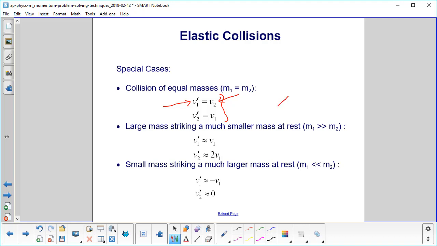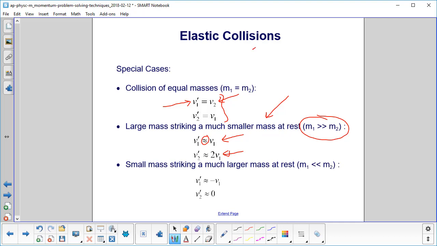If you have a large mass striking a much smaller mass at rest, that's where m1 is much greater than m2. Well, mass 1 will continue on with almost the exact same speed it had when it started, in the same direction, the same velocity. And the second object that was at rest will take off with twice the original velocity of the larger mass.